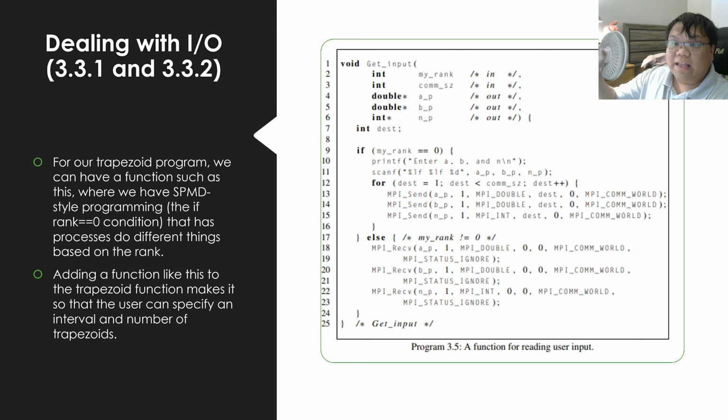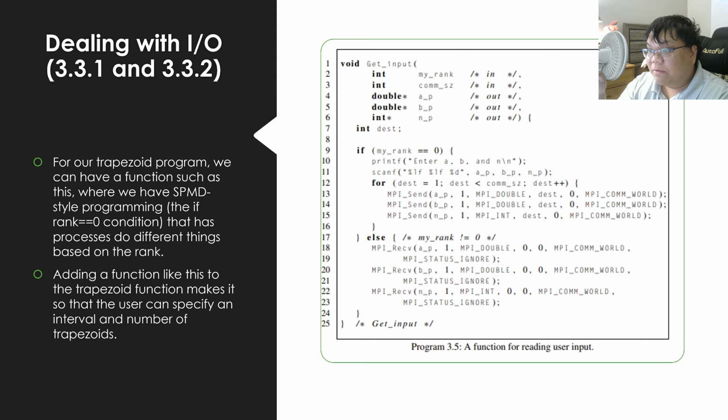So, as a reminder, only process 0 is able to prompt the user for input. But now it is up to process 0 to send this information to all other processes. This is such that we can get process 0 to participate in doing all the work. If you recall how we coded things back with pthreads, we had one main thread that was unable to participate with the work.